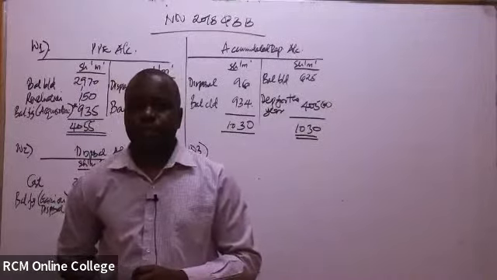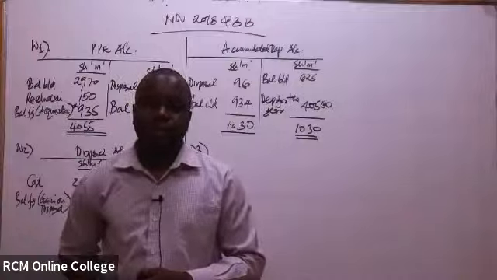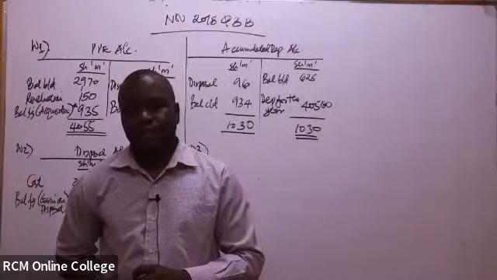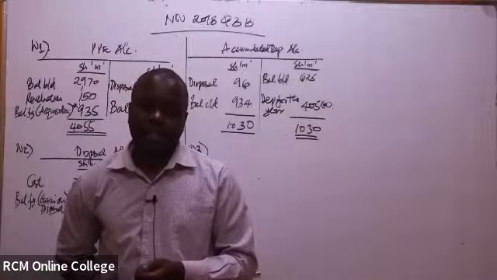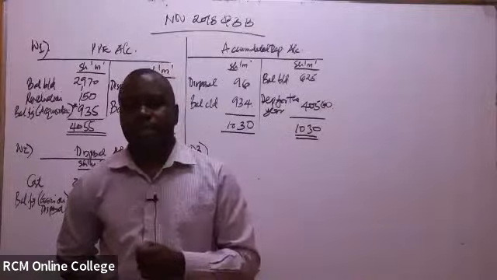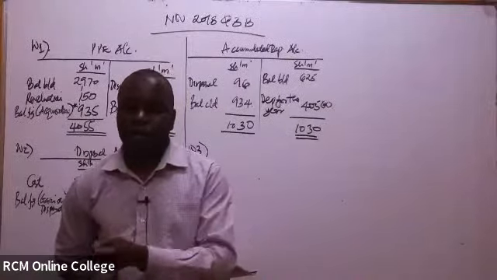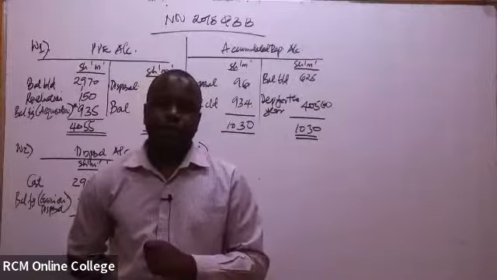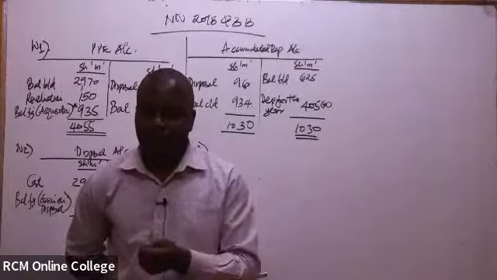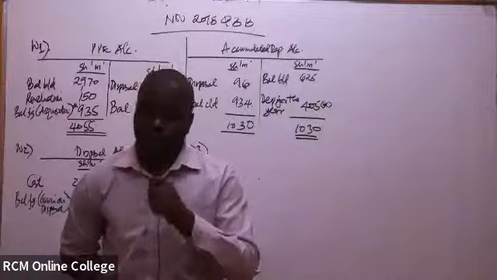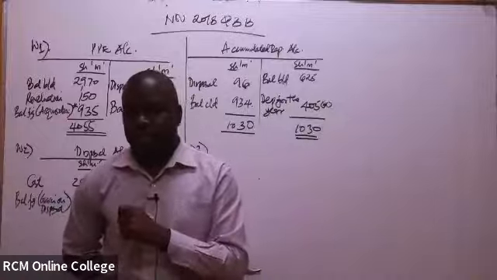But ideally, this 320, not that they actually received the cash. 180 of it was conversion of a loan into ordinary share capital. There was no real actual inflow they got on 180 of these 320.